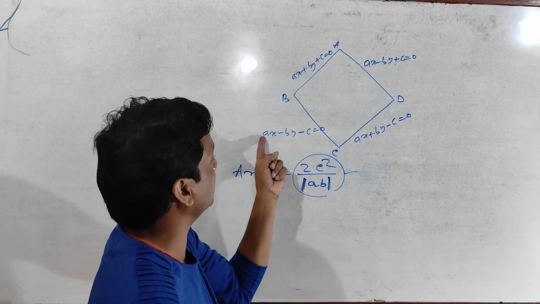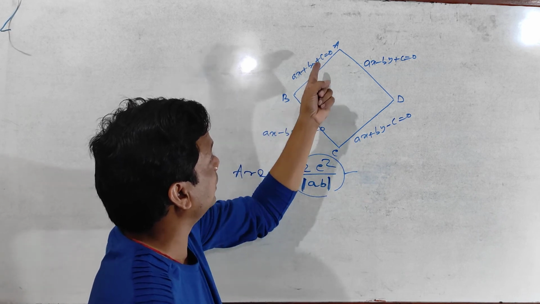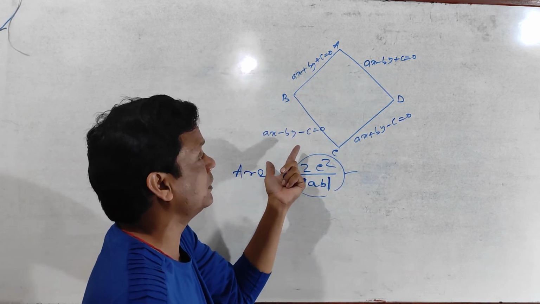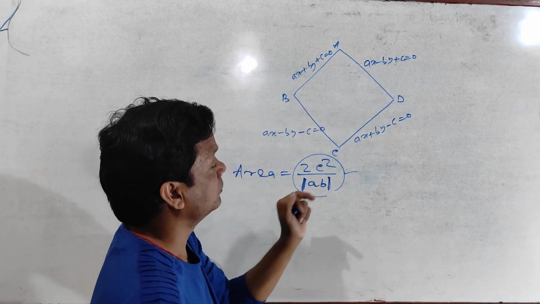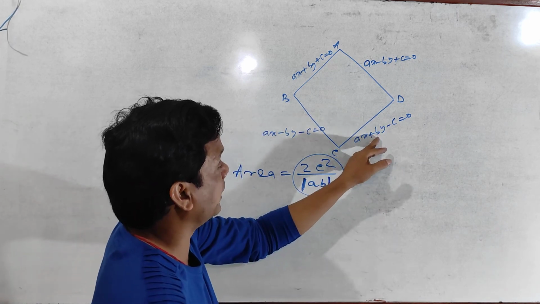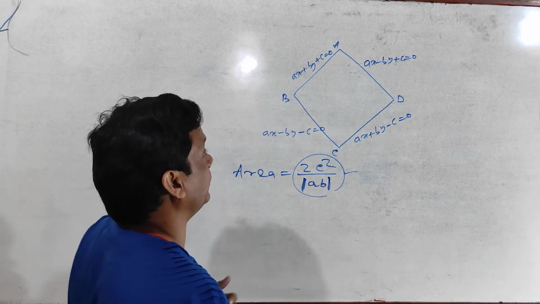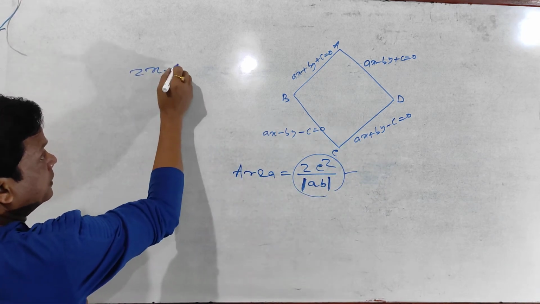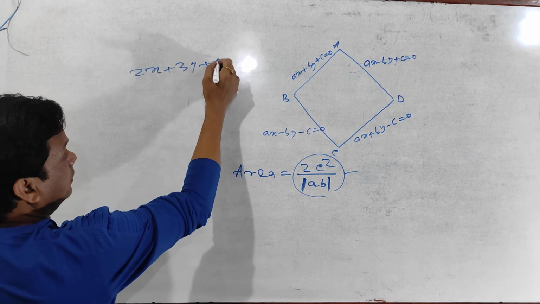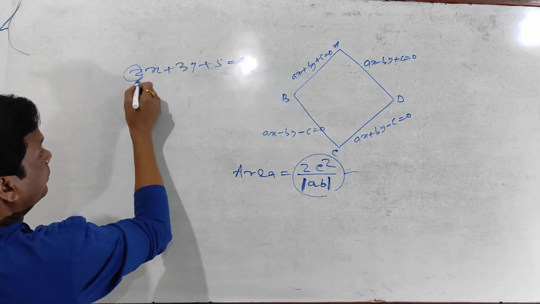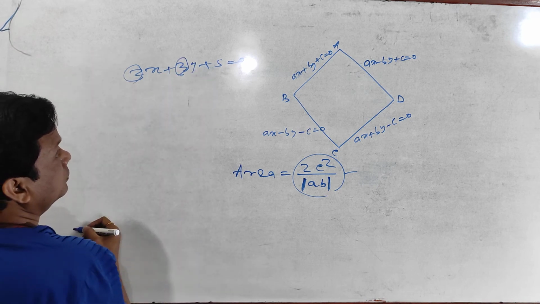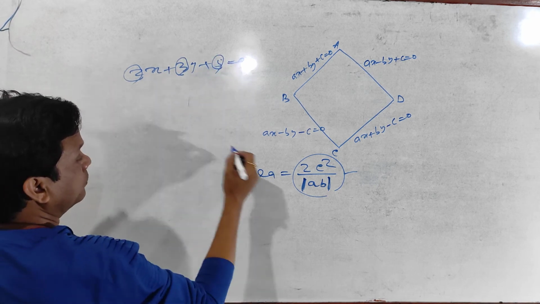In all four cases the coefficient of x is a, and taking the modulus of the coefficient of y, it will be b. So for example, if it is 2x + 3y + 5 = 0, then a equals 2, b equals 3 and c equals 5. So directly put them in this formula.